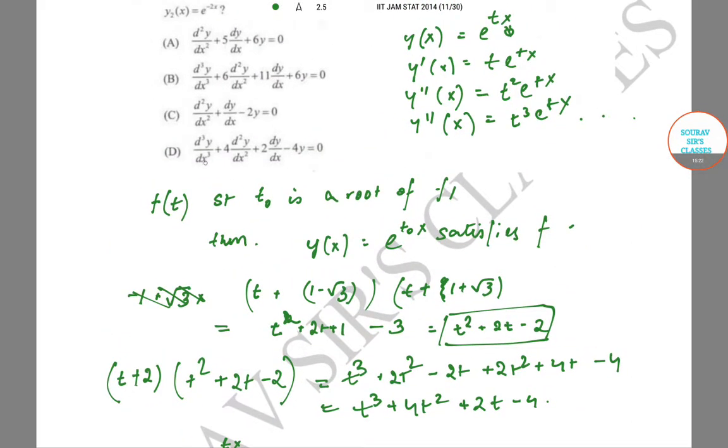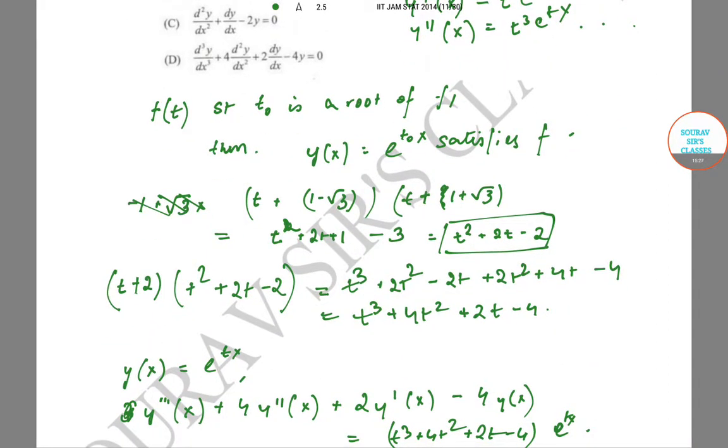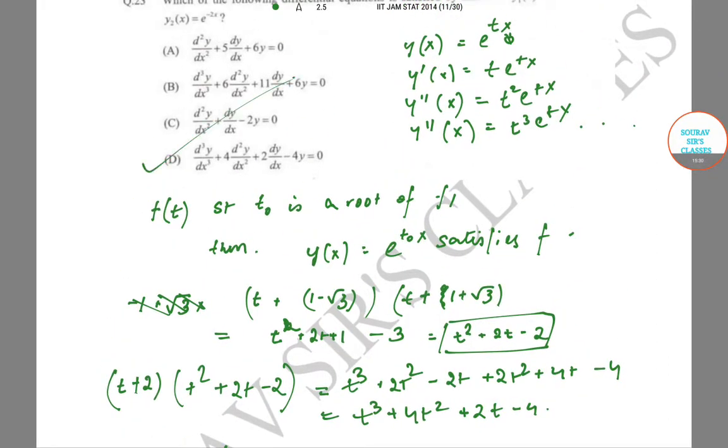So d3y dx cube plus 4 d square y dx square plus 2 dy dx minus 4y equal to 0, and D is the correct answer.